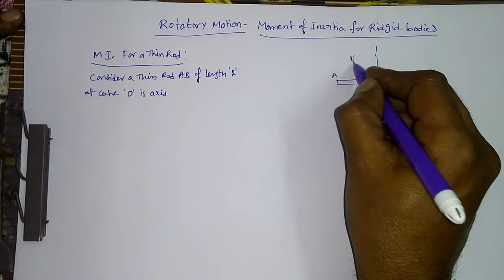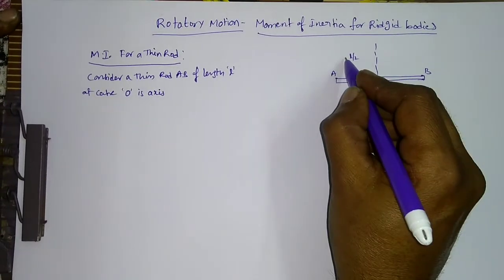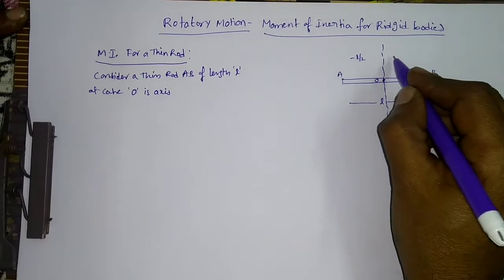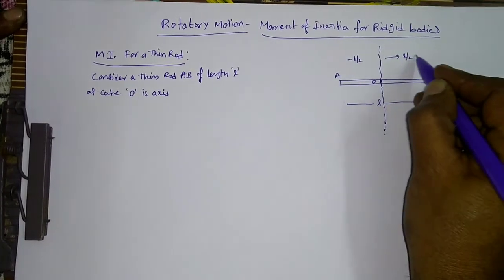So this is minus L by 2 on the negative x-axis, and this is plus L by 2.